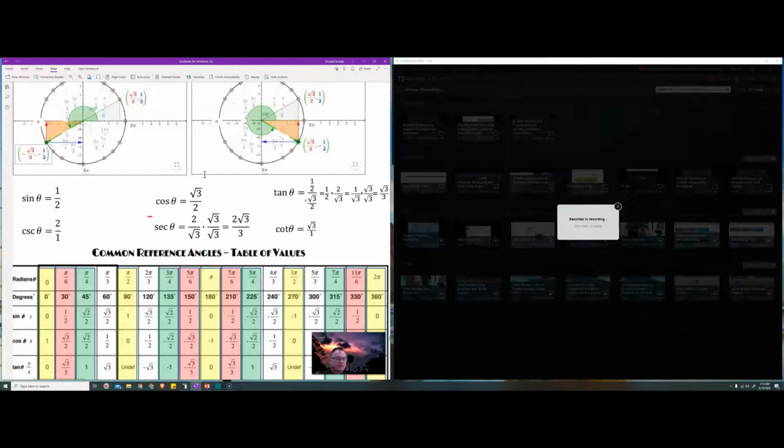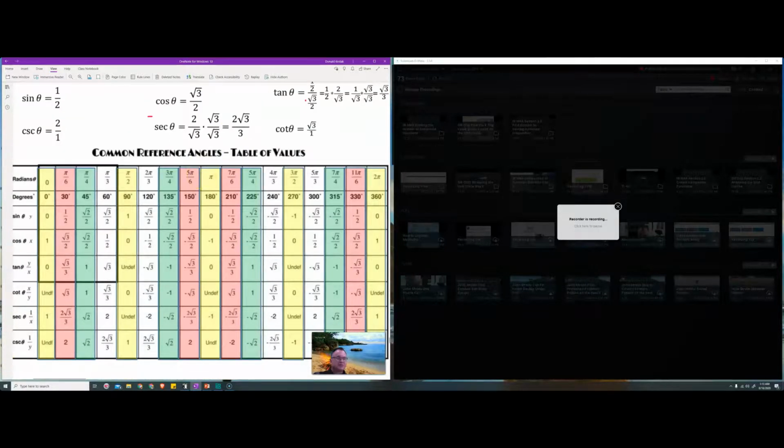So first quadrant here at pi over 6, this red one, this is quadrant 1, both the y and the x are positive. Okay, 5 pi over 6 is in quadrant 2, negative positive. 7 pi over 6 is quadrant 3.